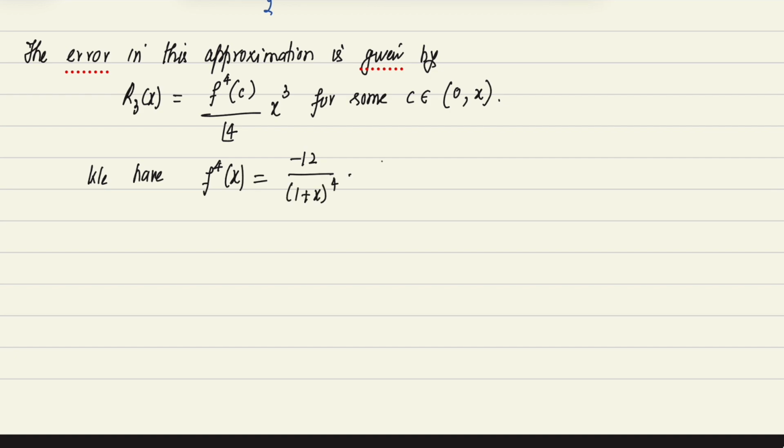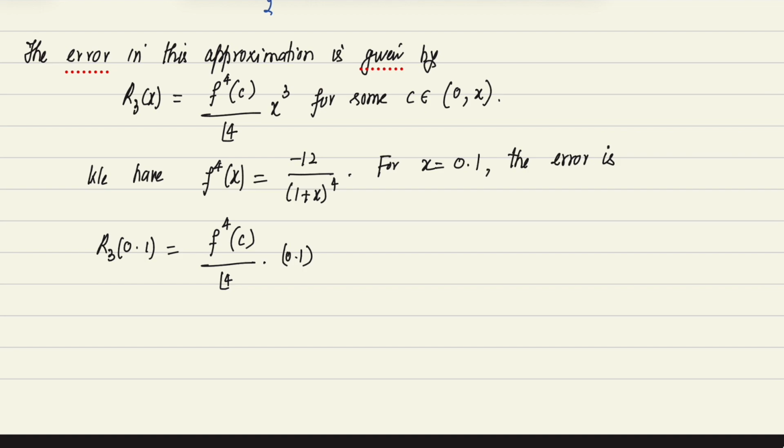So for x equal to 0.1, the error is R3 of 0.1, which is equal to the fourth derivative at c divided by 4 factorial into 0.1 power 4.